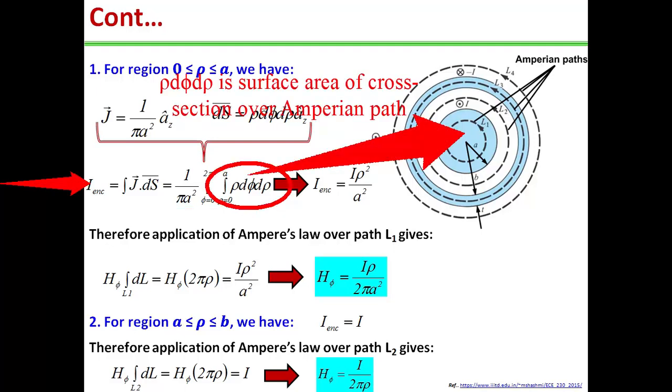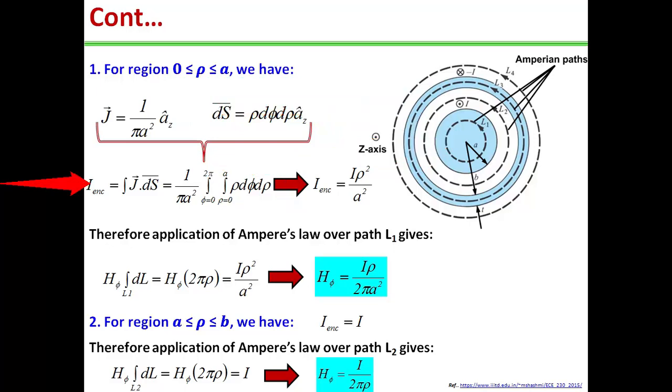As I told you, we are using the cylindrical coordinate system as we are dealing with the coaxial cable. Details we have already discussed earlier in the previous videos. On simplification of this equation, we will have I enclosed as I rho squared divided by a squared. Thus, application of Ampere's law over the path L1 gives the line integral over L1 of H dl.